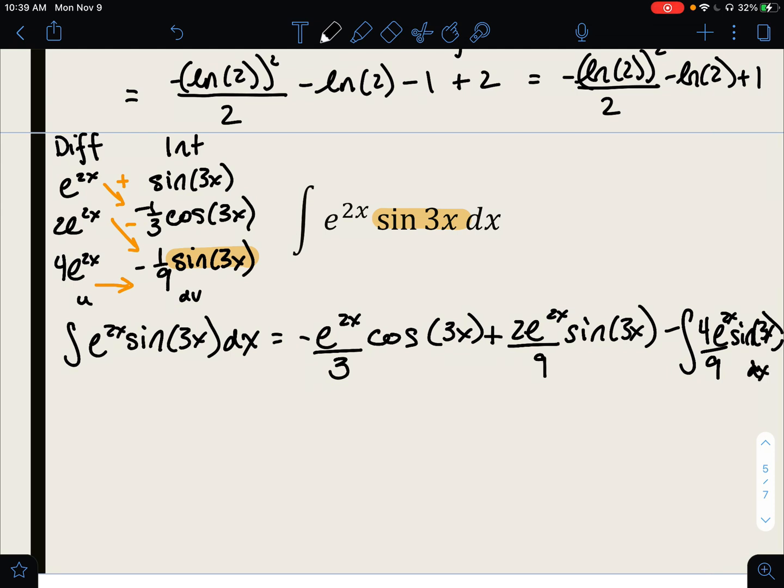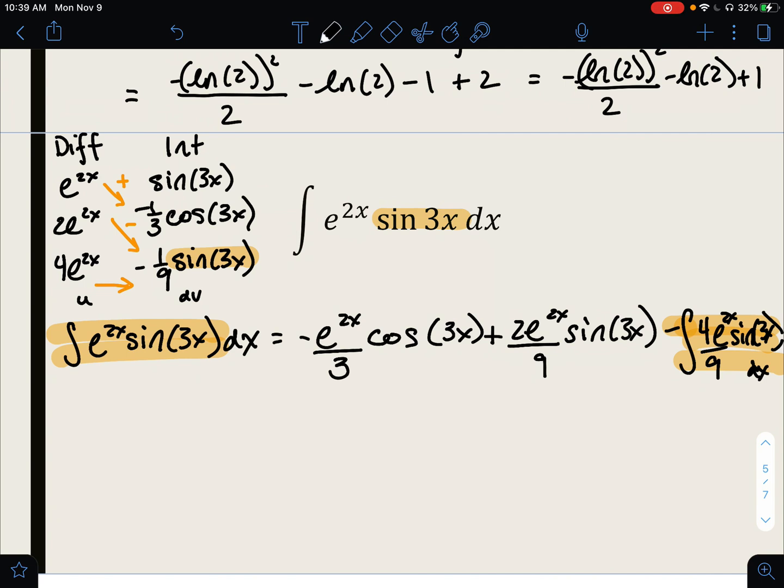And then the key to these is that you end up having on the right-hand side something that looks similar to what you have on the left-hand side. Those actually are like terms. So we're going to collect those like terms on one side.